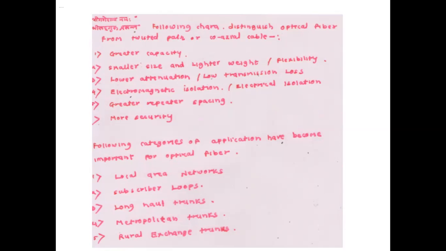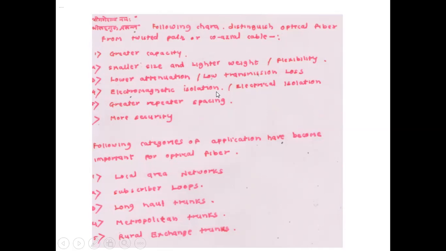The following characteristics distinguish optical fiber from twisted pair or coaxial cable: greater capacity, smaller size, lighter weight, flexibility. Then you have lower attenuation, low transmission loss, electromagnetic isolation, electric isolation, greater repeater spacing, more accuracy. These are the basic advantages. And the main advantage is this electromagnetic isolation.